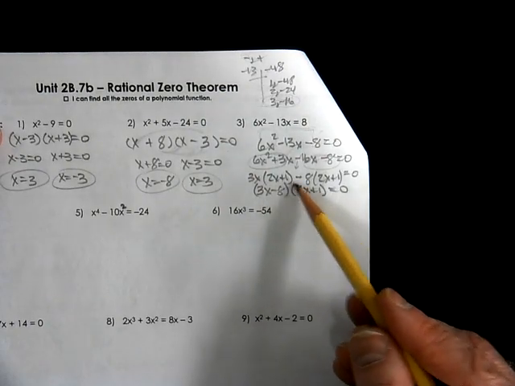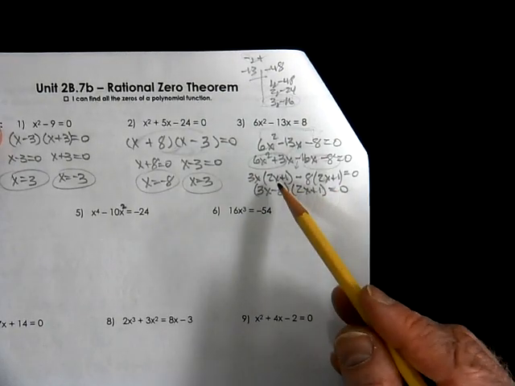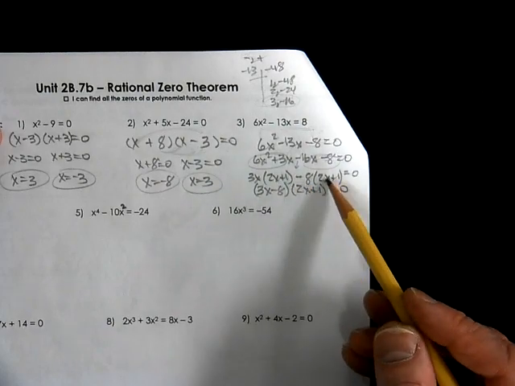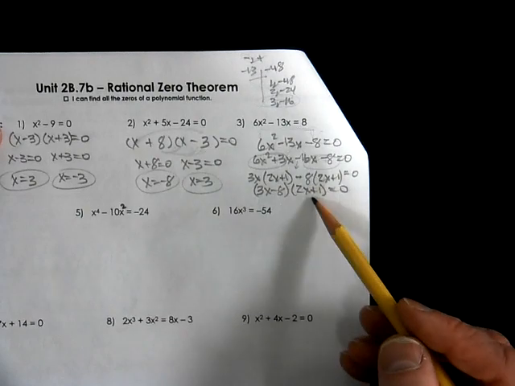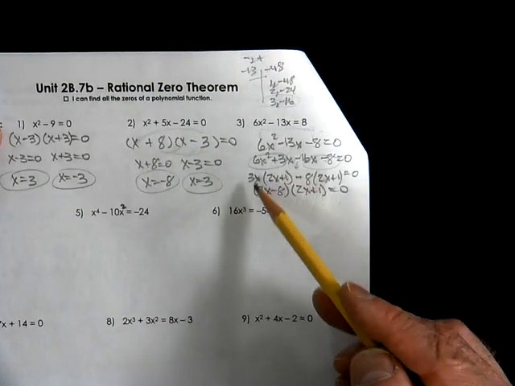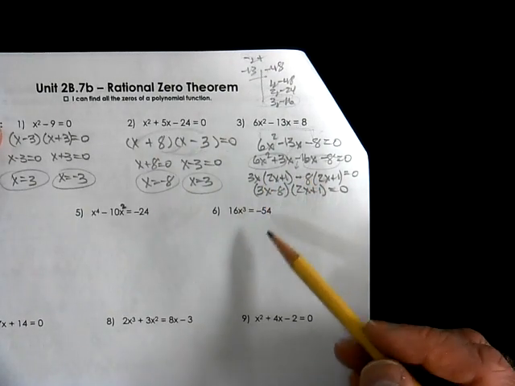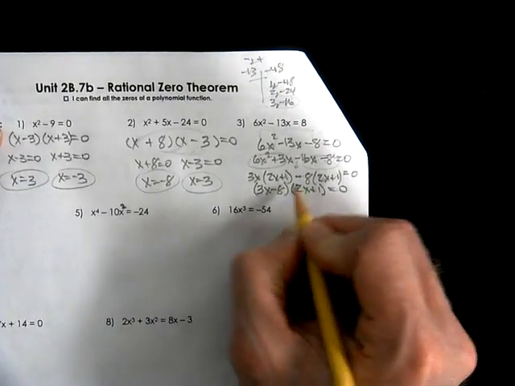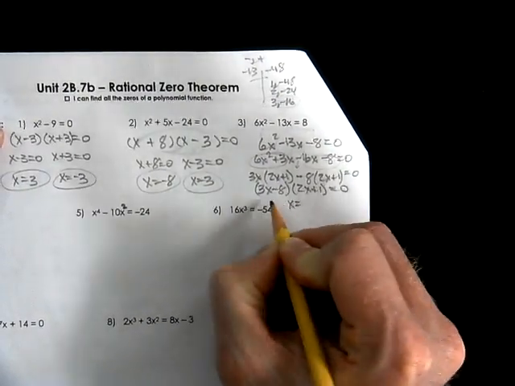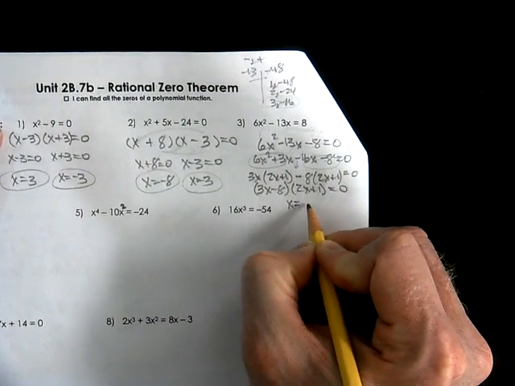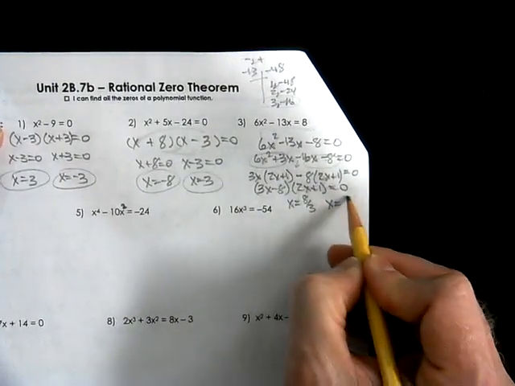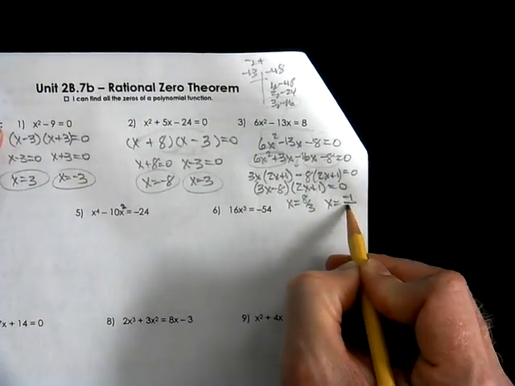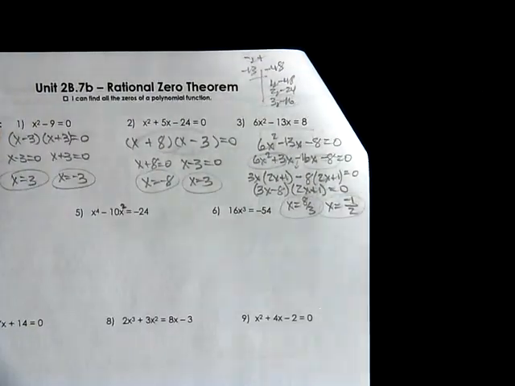So you're factoring out the 2x plus 1 because both of these groups, on the left side of the negative and on the right side of the negative, they both have a 2x plus 1. So we're factoring that out, and that leaves us with a 3x and a negative 8 together. So if you did the zero product property, you would add 8 and divide by 3. You would subtract 1 and divide by 2. So those are two more answers.